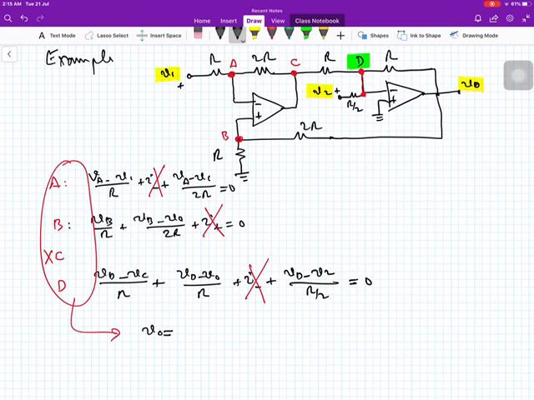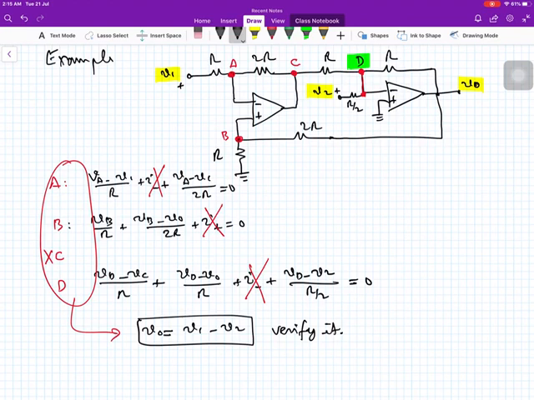So you have to verify what is the output voltage. Let me see where I have done. To me this is V1 minus V2, but you have to verify it.